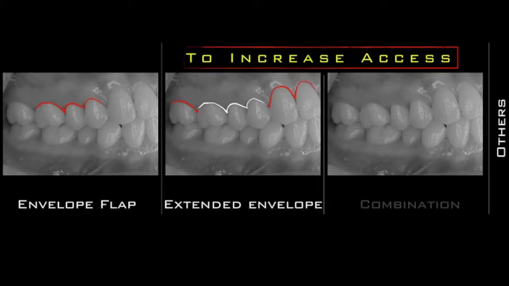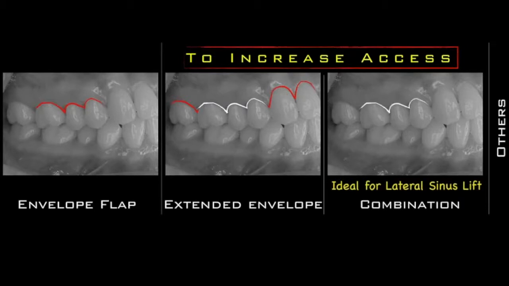However, if we're going to be working in a segment that involves a multi-unit placement or multi-unit surgery, in this case, as it shows on the screen, perhaps doing the procedure between the first molar and the first premolar, if that is the area that is going to be involved, then our flap naturally will be extended. 2 teeth most likely in the anterior segment and 1 tooth in the posterior segment.